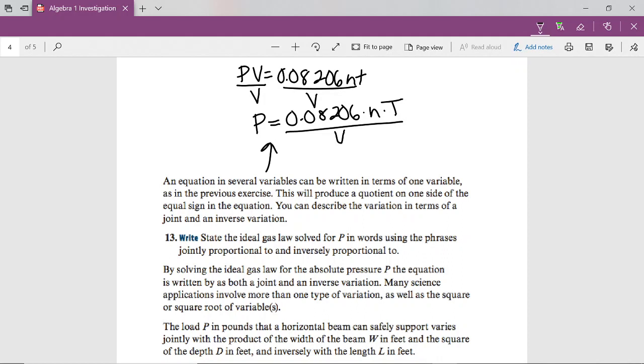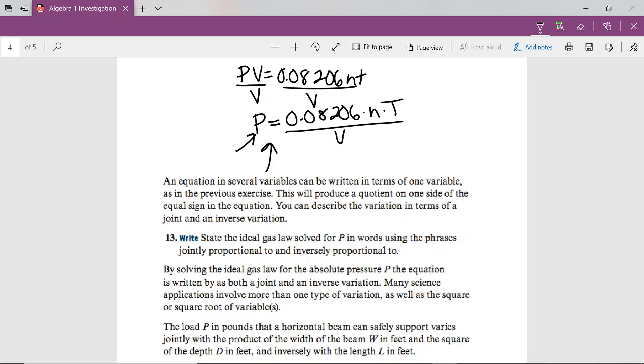Number 13: state the ideal gas law solved for P in words using the phrases jointly proportional to and inversely proportional to. So when we look at this, my pressure here is jointly proportional to the numerator.